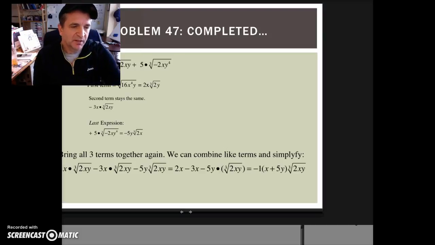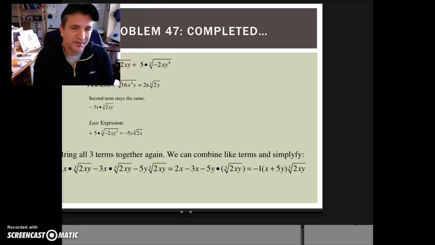So what we did was I collected like terms. The first term is a 2x, so I can subtract those two. If I have the same base radical symbol, I can add or subtract those numbers, and I'm subtracting here. And so if I subtract 2x minus 3x, I get minus x minus 5y.